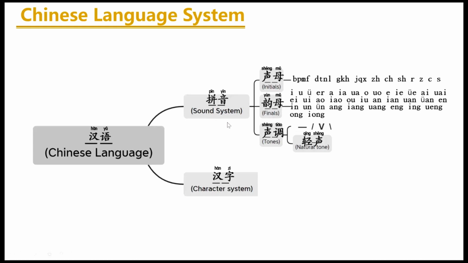The sound system is called 拼音, and the character system is called 汉字. Today, we are going to focus on 拼音. So, 汉字 is not our key point today.